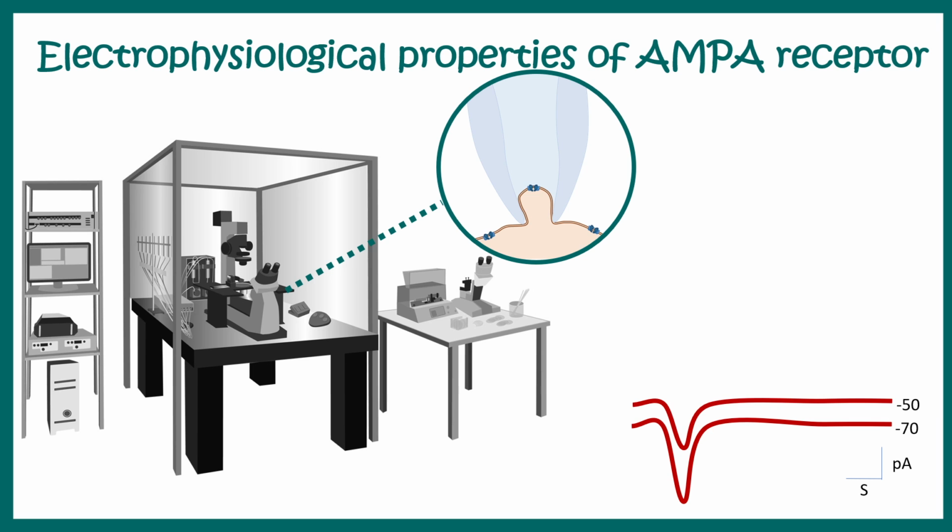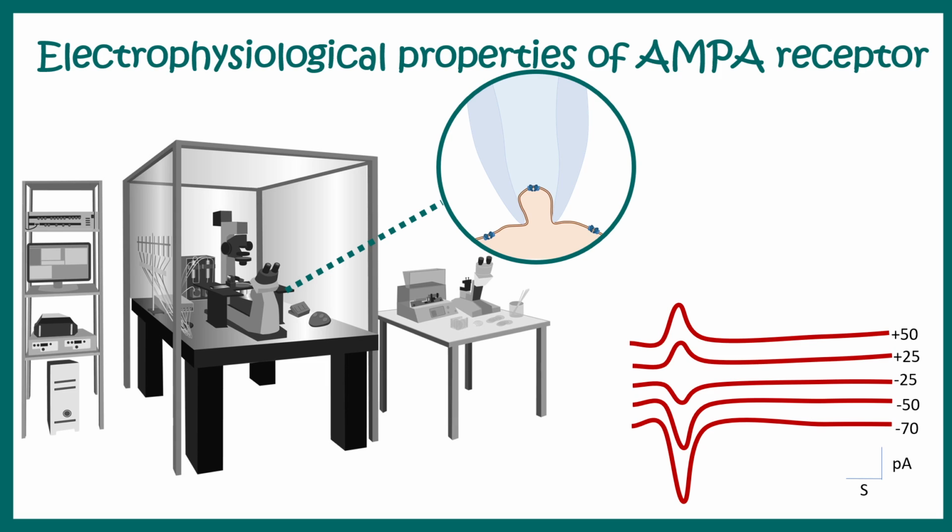We hold it at minus 50 and record another current, but see the amplitude is changing. This is how we change the voltage input that we are giving, and we are getting different current outputs. We also see the directionality of the current is changing. This is how the raw electrophysiological traces would look.